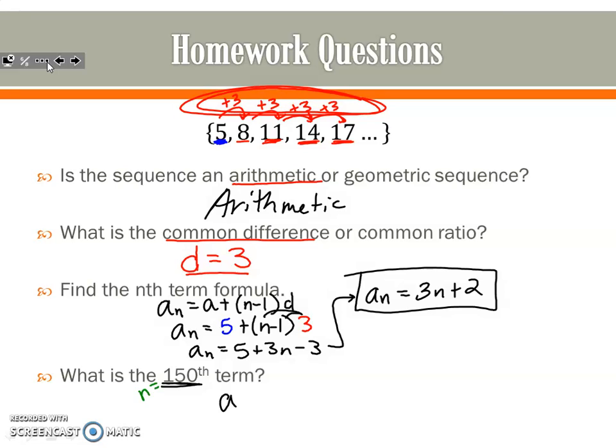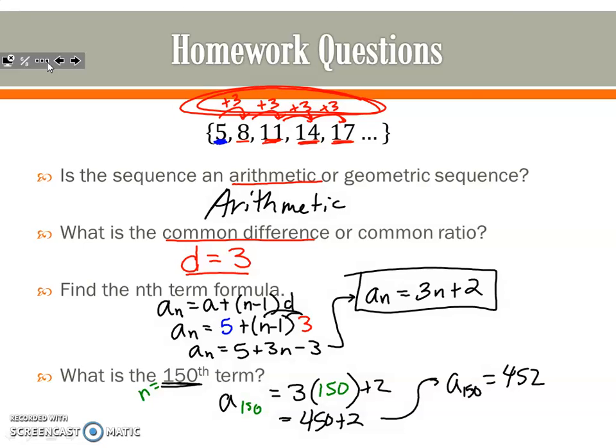So it's A sub 150, because that's the term I'm looking for, equals 3 times my n value, which is 150, plus 2. 3 times 150 is going to give me 450, plus 2. So the 150th term is 452.